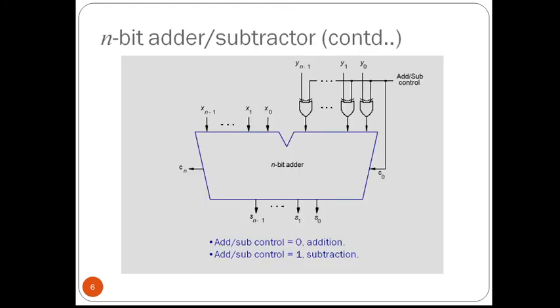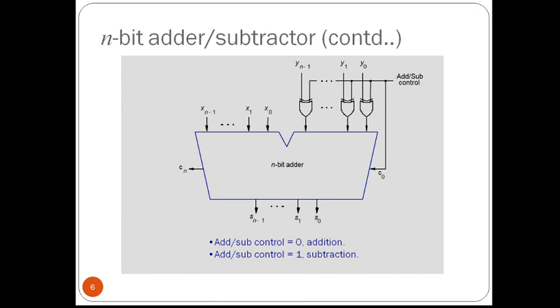The logic circuit network shown in figure 6.3 can be used to perform either addition or subtraction based on the value applied to the add or subtract input control line. First, this line is set to 0 for addition, applying the y vector unchanged to one of the adder inputs along with a carry signal C0 of 0.